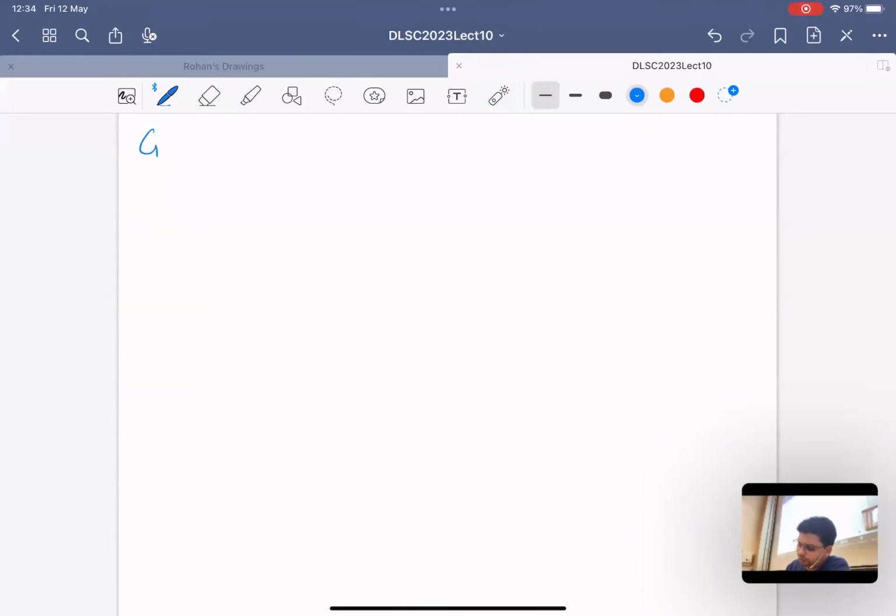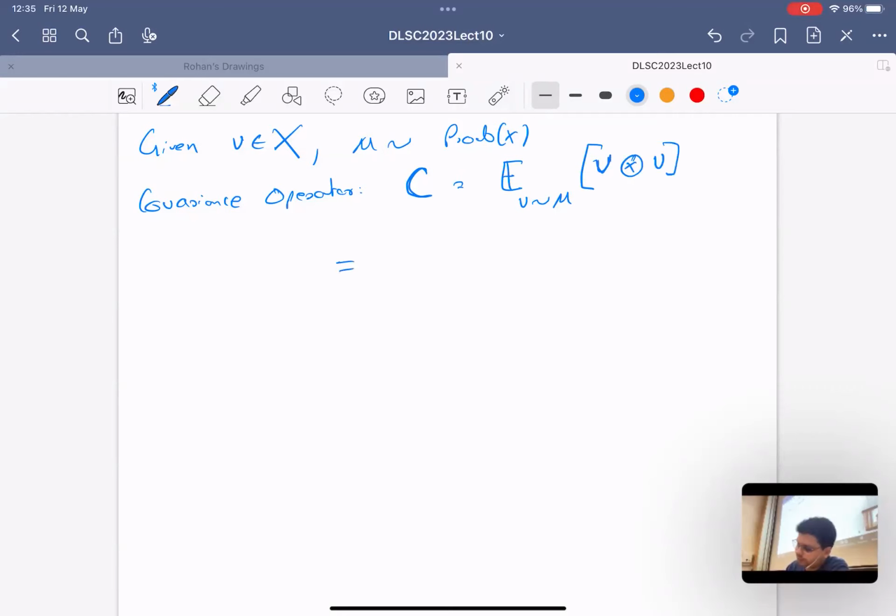It is exactly the expected value of v, drawn from the distribution mu, v tensor with v. In other words, this is the integral over X of v tensor with v d mu(v).